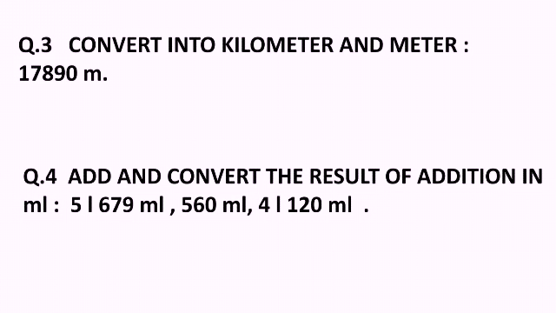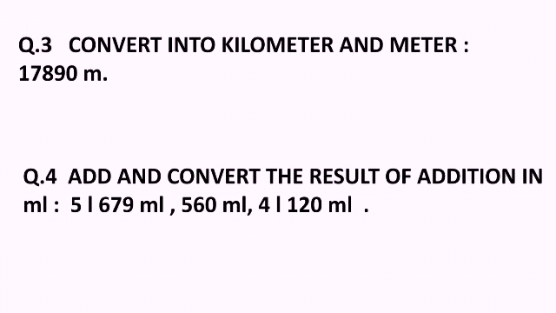Convert into kilometer and meter. 17,890 meter. You have to convert it into kilometer and meter. First of all, you need to remember two things. Whenever you need to convert any unit to another unit, when you are converting larger unit to smaller unit, you have to multiply.